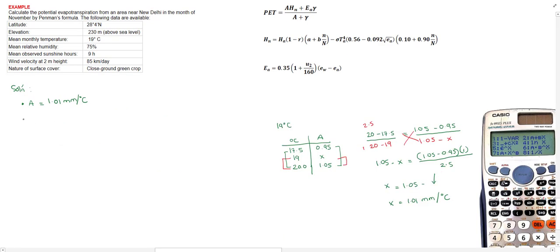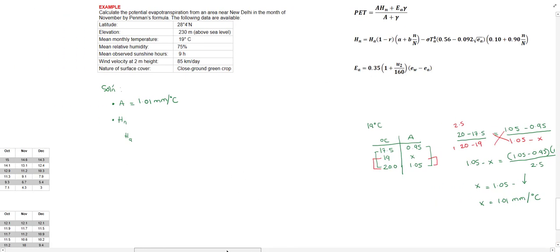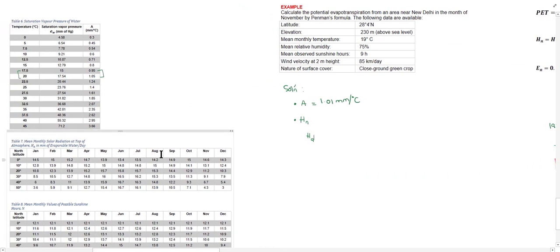So next step is we are going to determine our H sub n. And sa H sub n, first, we need to have our H sub A. And our H sub A can be taken from our table number 7. So, this one. So, part of the parameter na gi-require nato para makuha nato ang H sub A is unsa ang latitude.